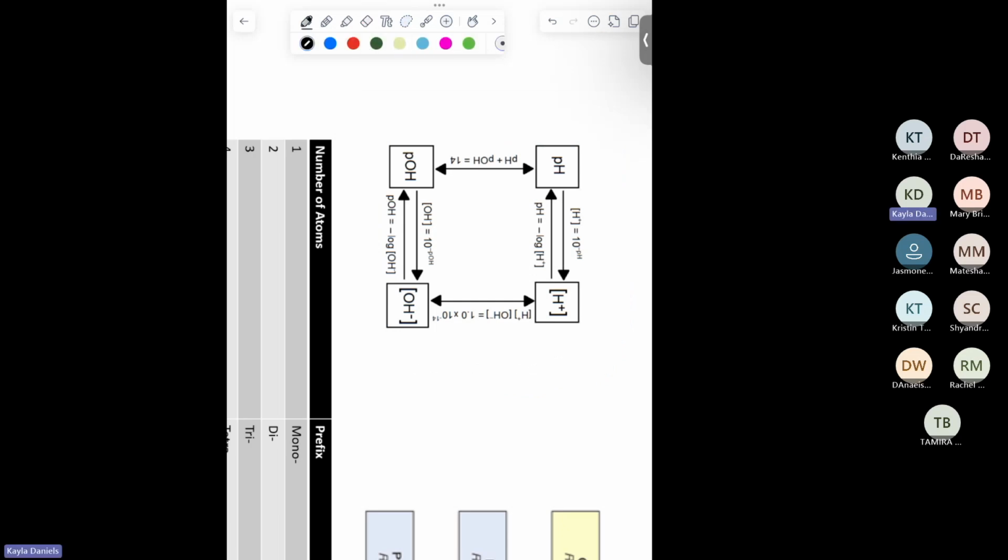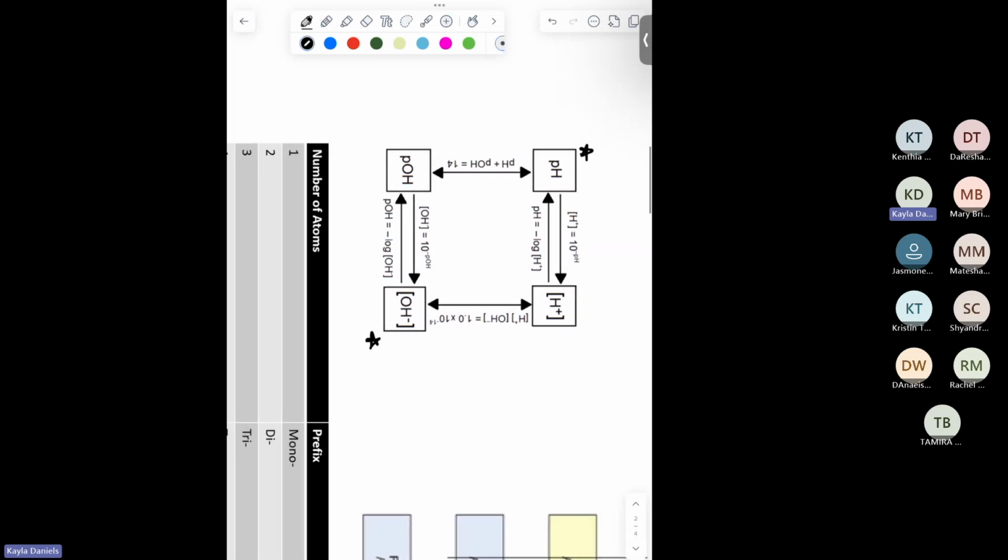Now I'm given pH and I want to go to OH minus. So I have two options. I can go around the square two different ways. I personally would prefer this way. I like to use the way that has this formula over this formula. It's just less messy, I think, and less chance for mistakes. So I'm going to have a two-stepper. The first step, I'm going to use the formula pH plus pOH equals 14.